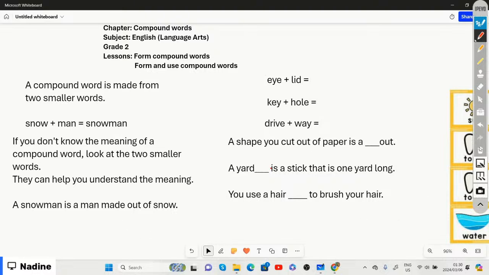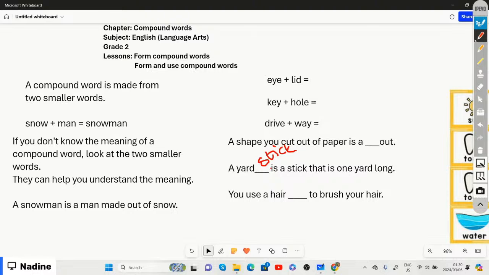All right. So then once again, we say a yardstick. A yardstick. So they give us already the hints in the answer. So we have yard plus stick is a yardstick.